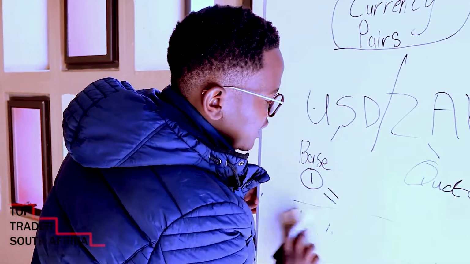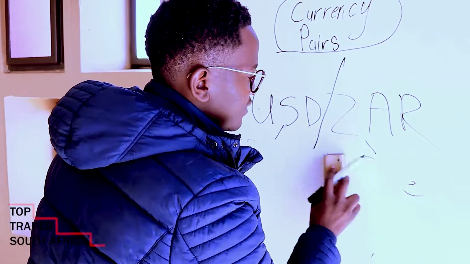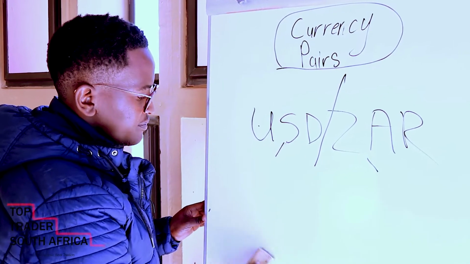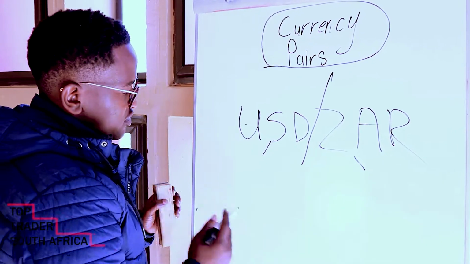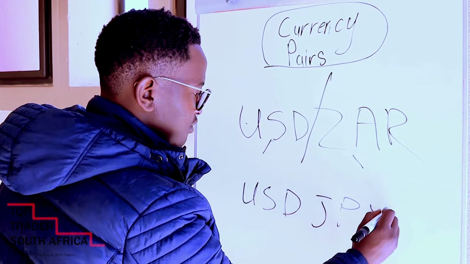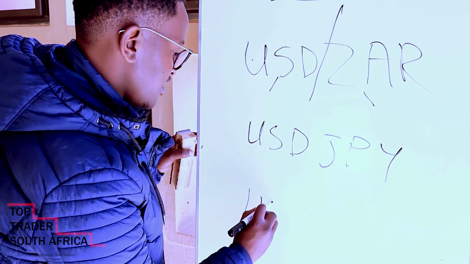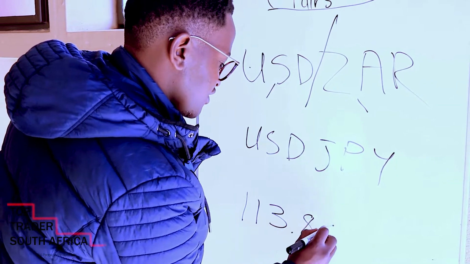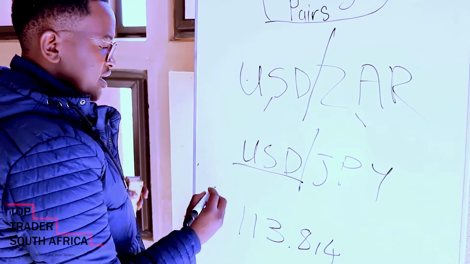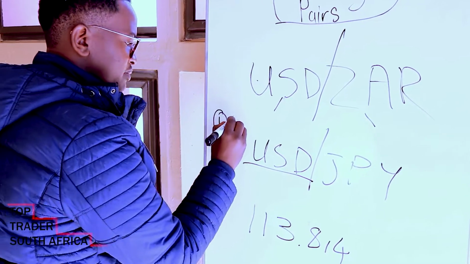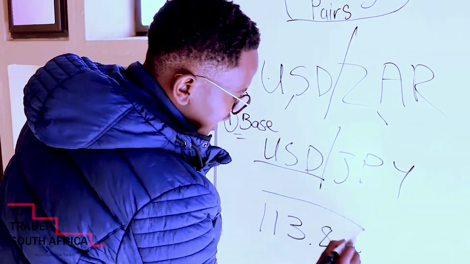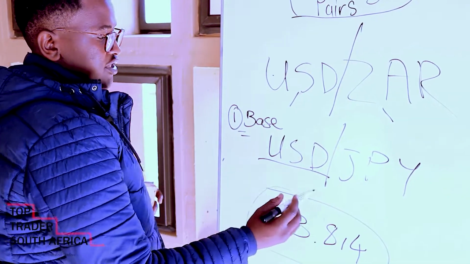Even if it's a different currency pair, so JPY is usually written a bit funny, so I'll show you the differences. If you say USD/JPY and that price is at 113.814, it is showing you that one base is equal to the price you see on the screen of the quote.